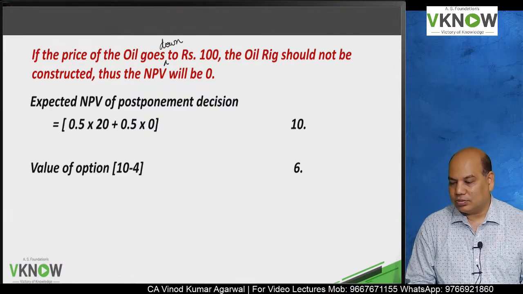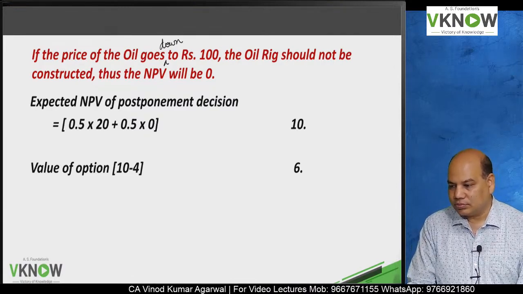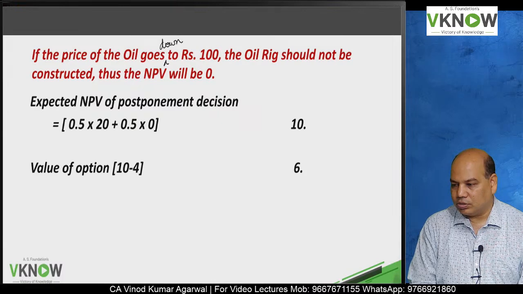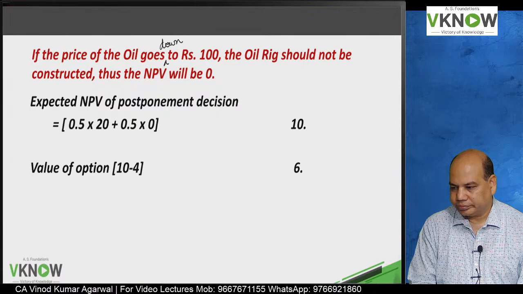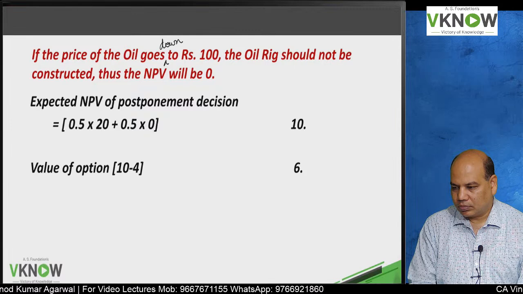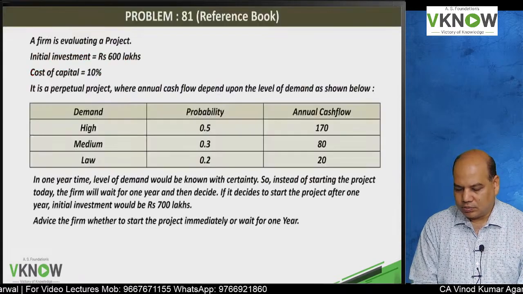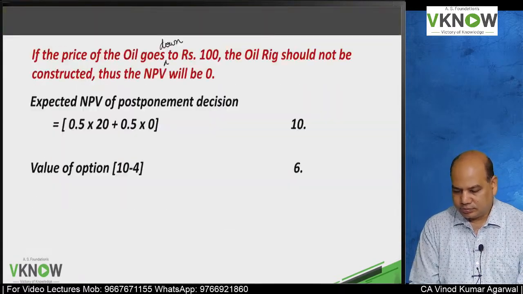Next line, write down value of the option, 10 minus 4, which is 6.